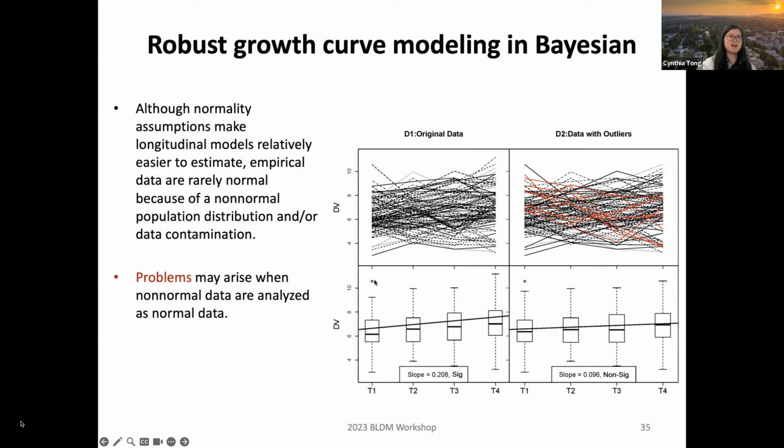We see that there are potential outliers only at T1, but not at the others. By fitting a growth curve model to the data, we see that the slope is 0.208 and it's significant. So there is a significant increase from time 1 to time 4.